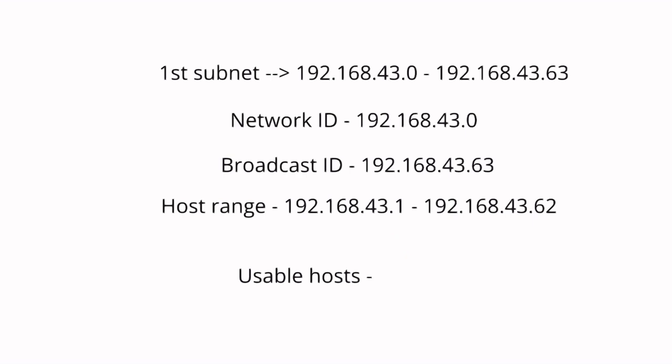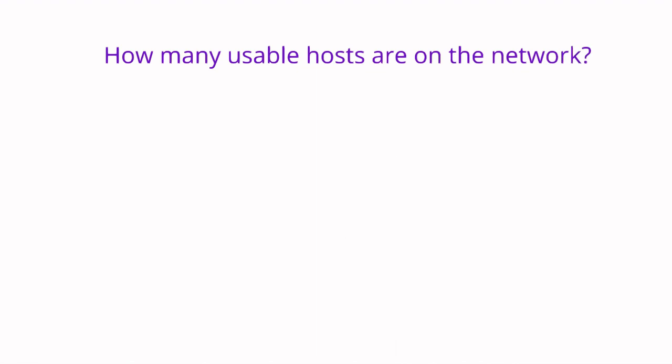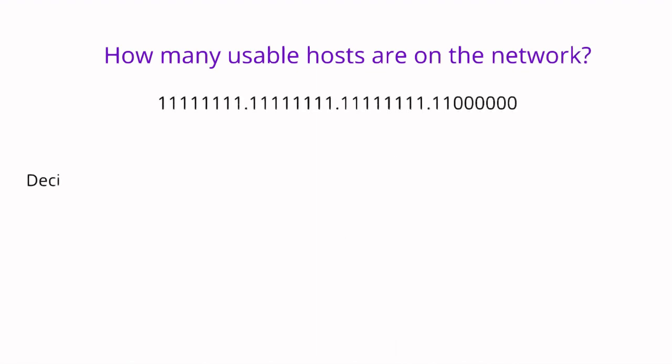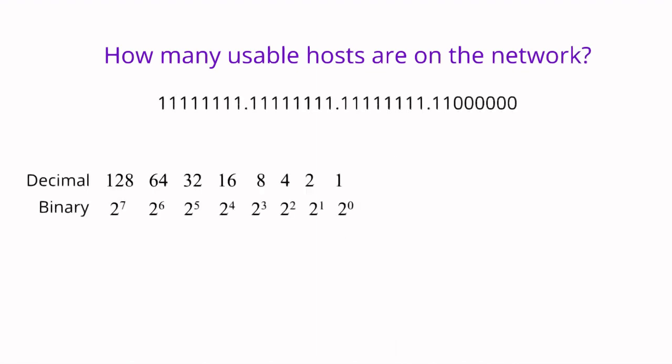In this instance, it's pretty easy to look at because we have a very small set, but if you had a larger set, you can always do it like this. Look back at the subnet mask in binary and count the number of zeros. That's the number of host bits, correct? In our case, we have 6 host bits. To determine the number of hosts we have, we can use a formula: 2 to the number of host bits.